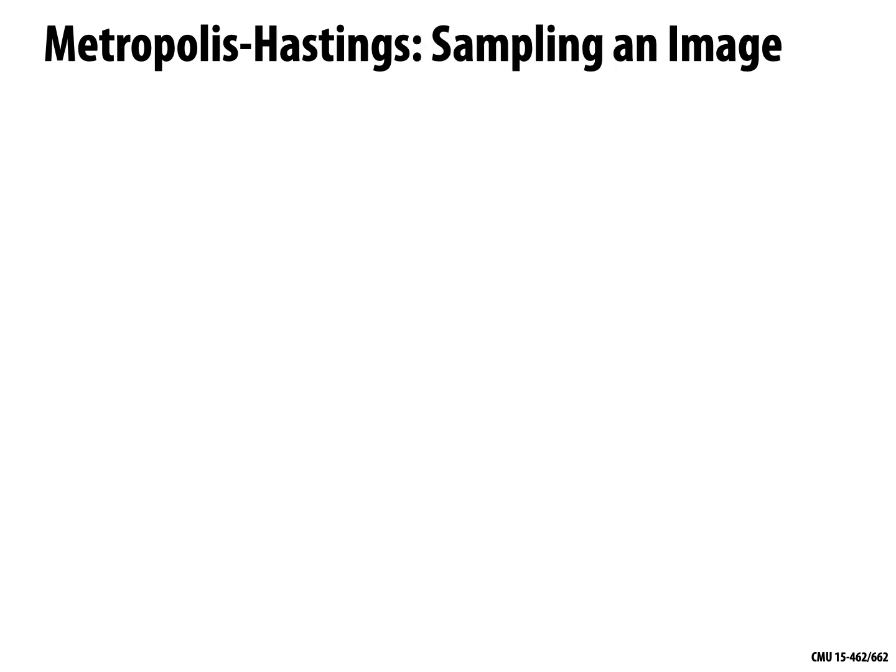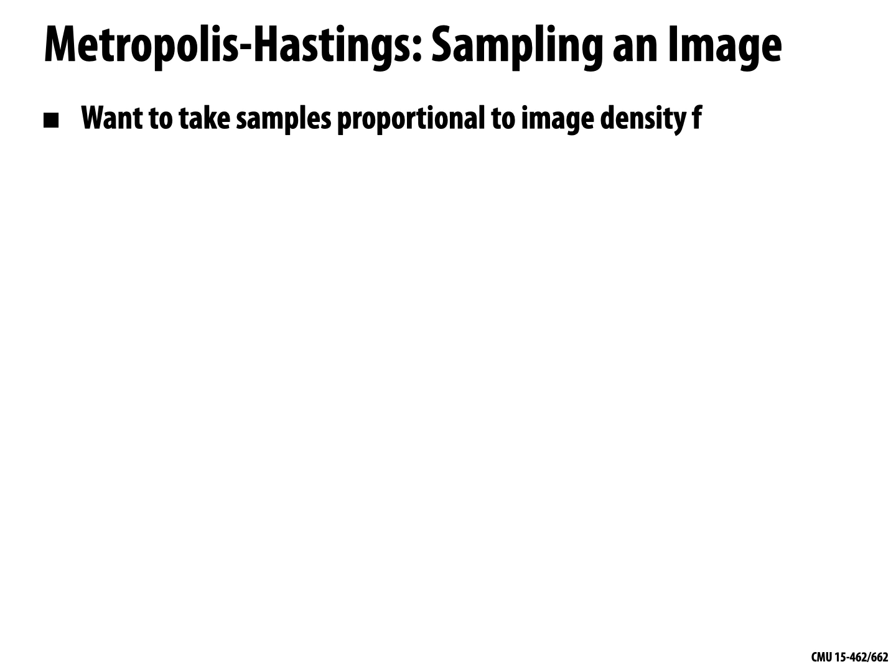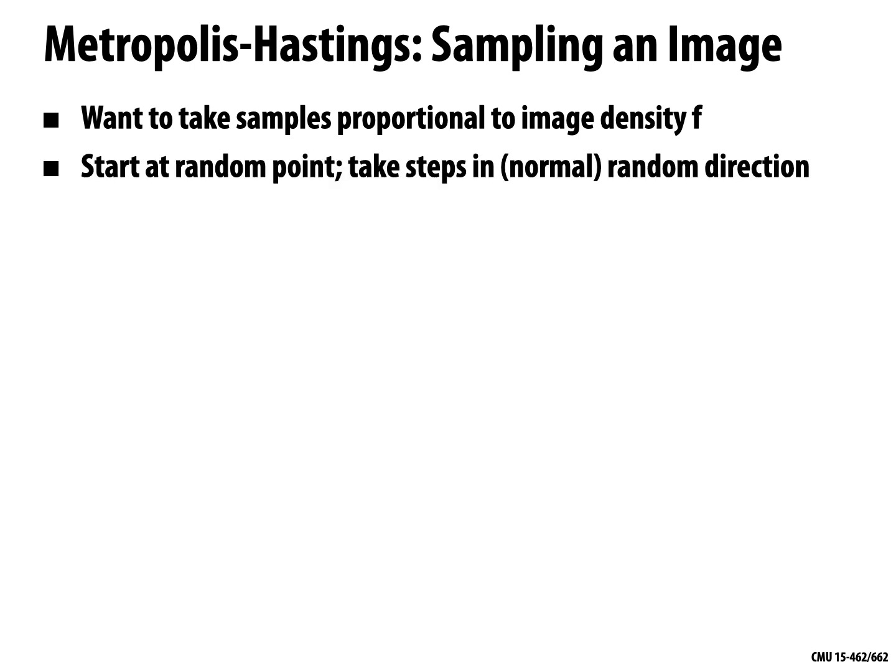And here's kind of a simple example. We want to integrate, or we want to take samples proportional to the density of an image. Okay, so I have some just image f. I'm going to start at a random point, and I'm going to take steps in a random direction.